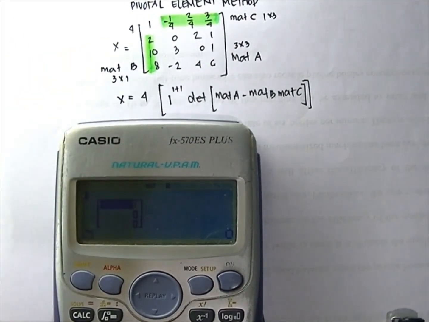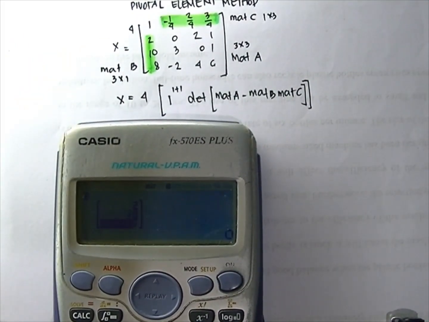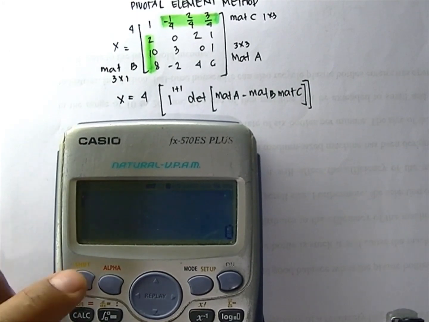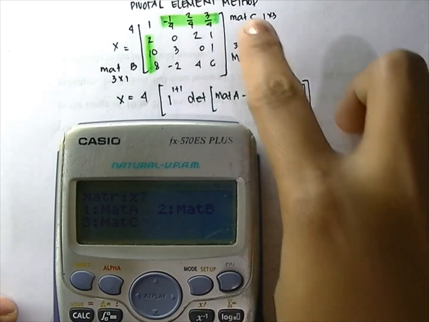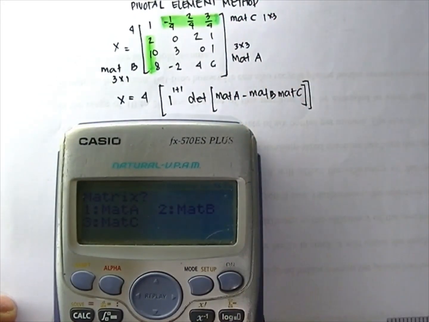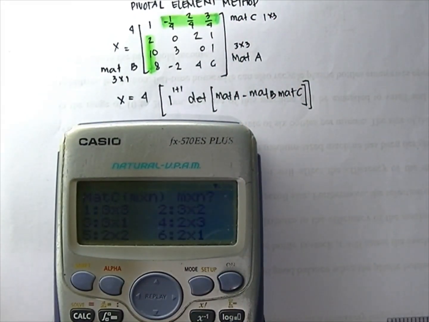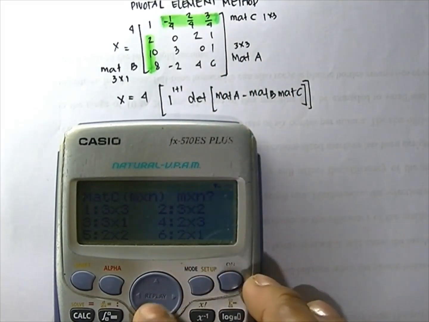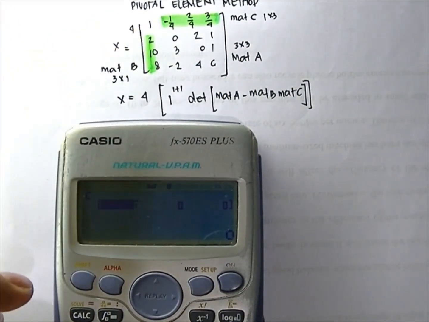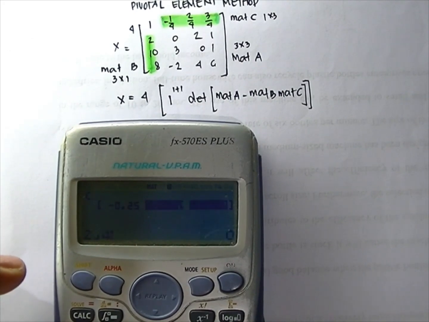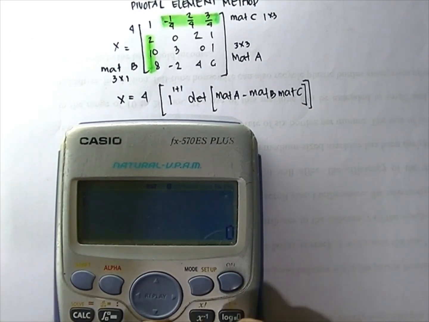We have 2, 10, and 8. AC, shift matrix data again, and now matrix C, number 3, and it is 1 by 3. We have negative 1/4, 2/4, and 3/4. So easy.